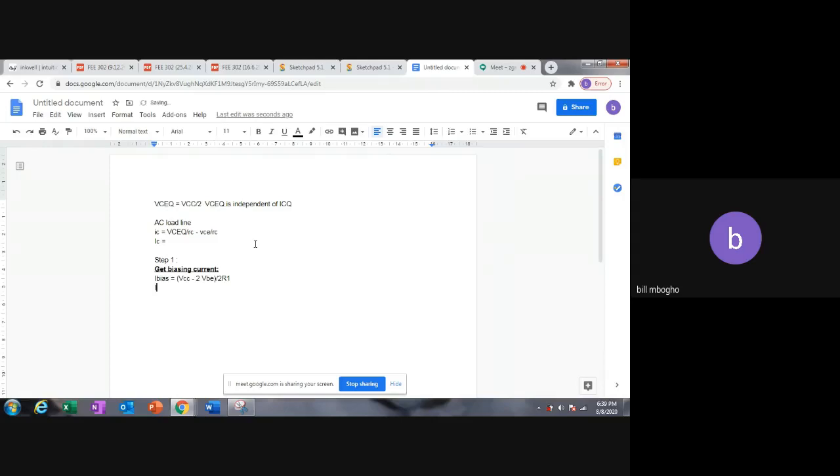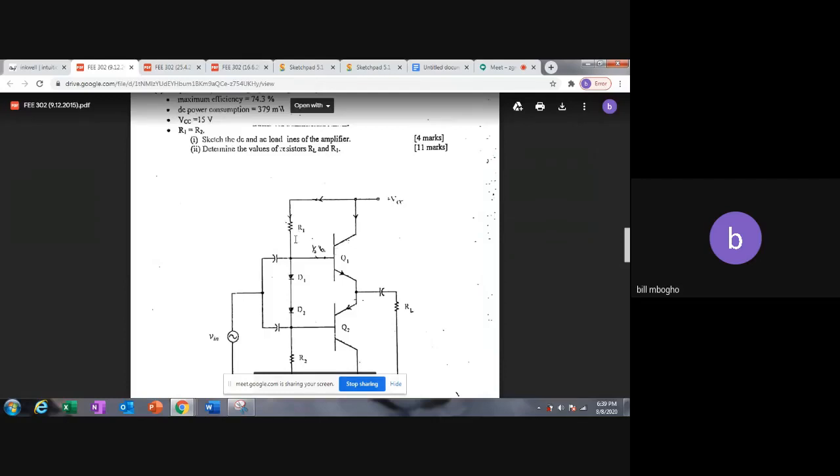So I bias is equal to 15 volts minus 2 VBE, which is 1.4, divided by 2 R1. But what is the value of R1? We don't know.